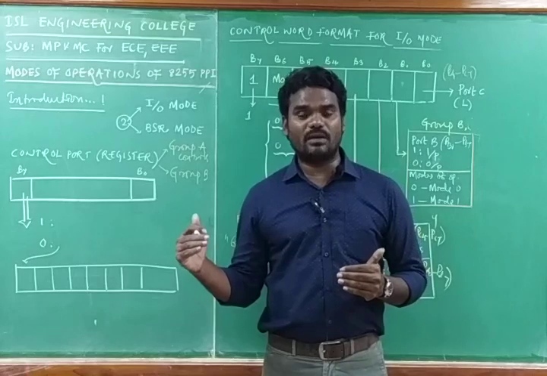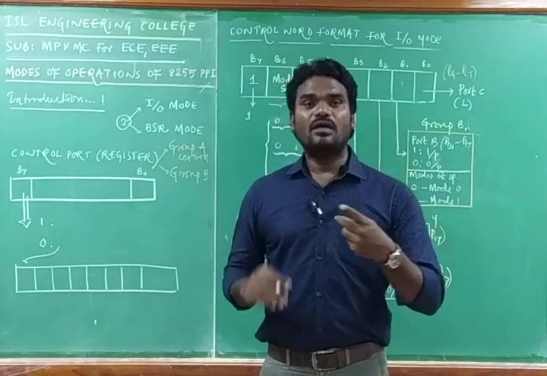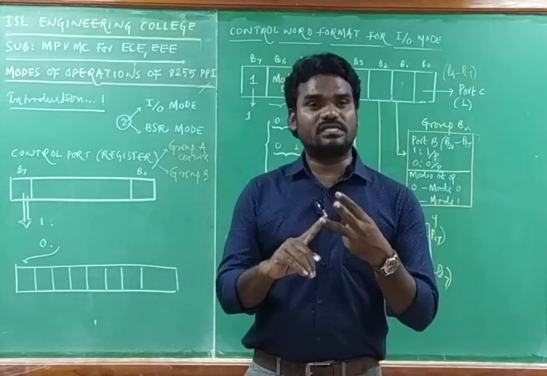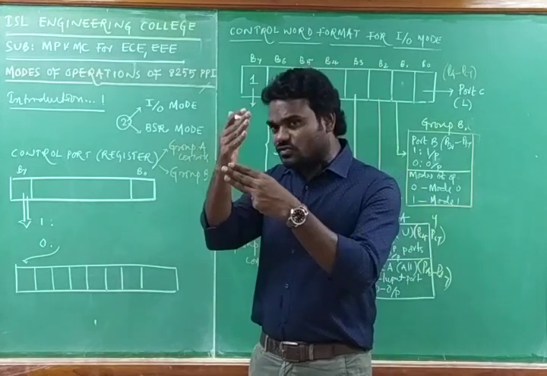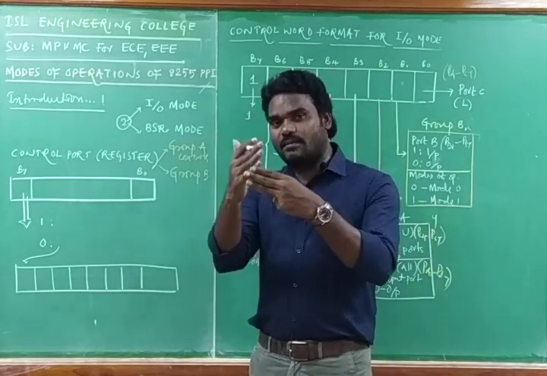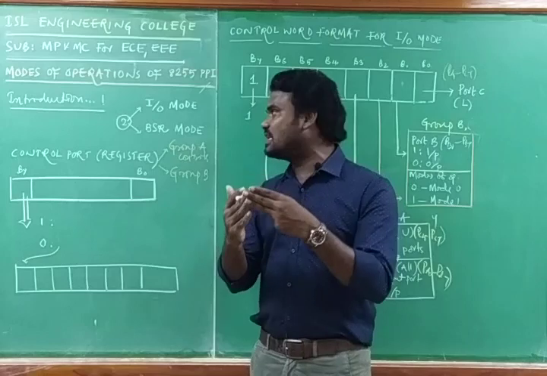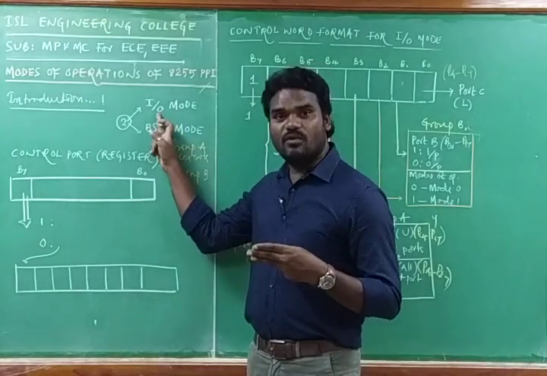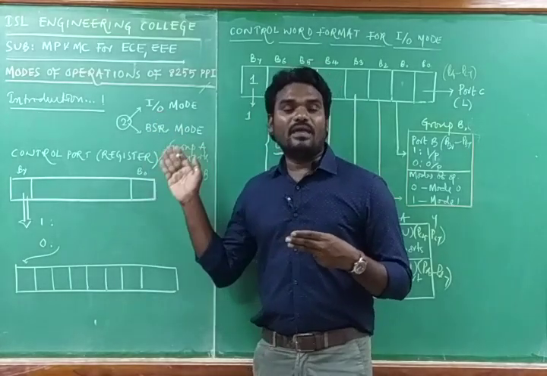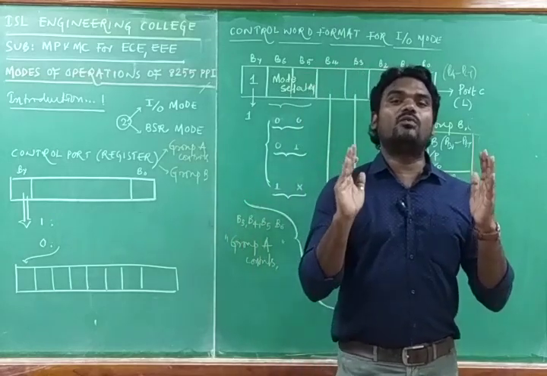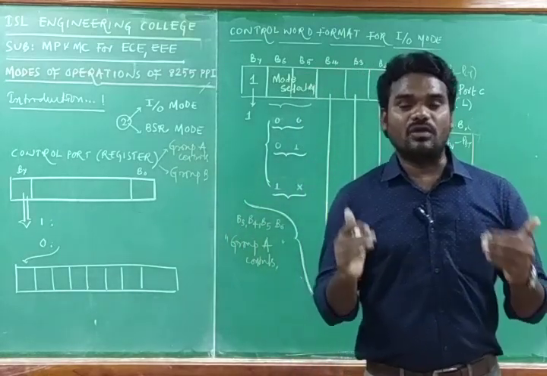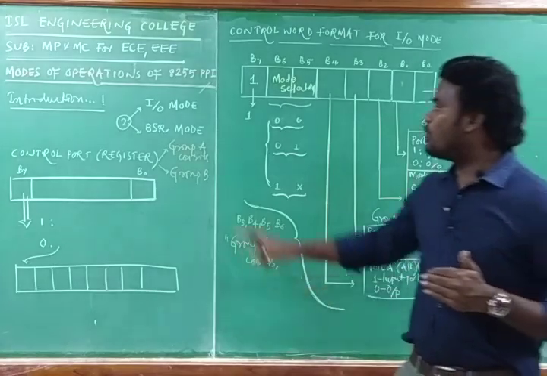We know that 8255 has 3 ports, port A, port B, port C, and all these 24 pins will be used in the IO mode, whereas in the BSR mode of operation only one port can be used. That port is nothing but port C.